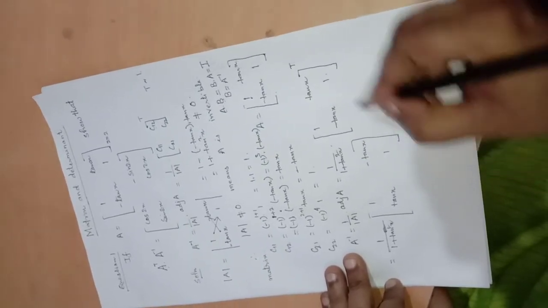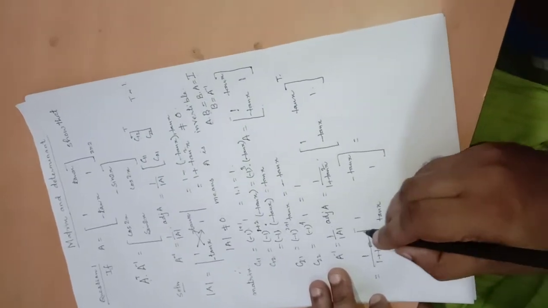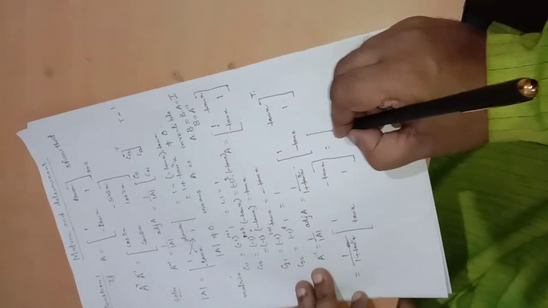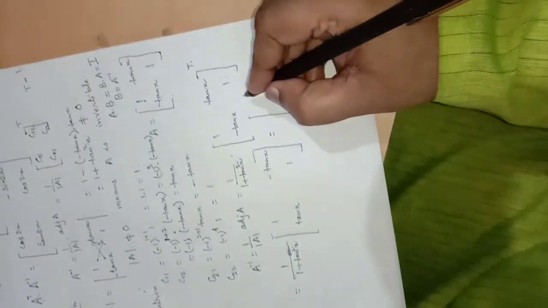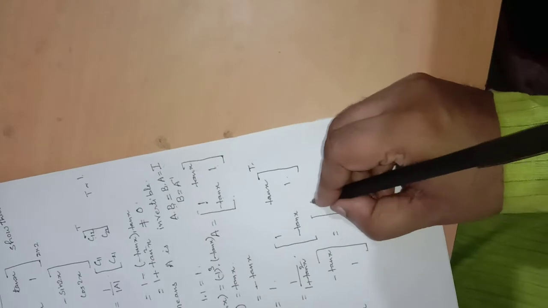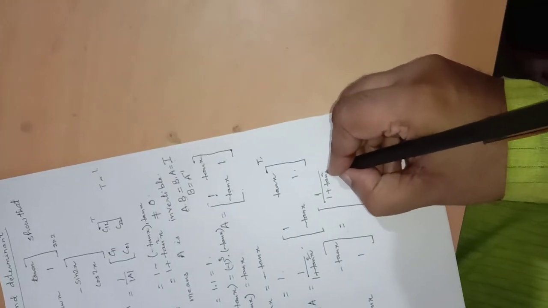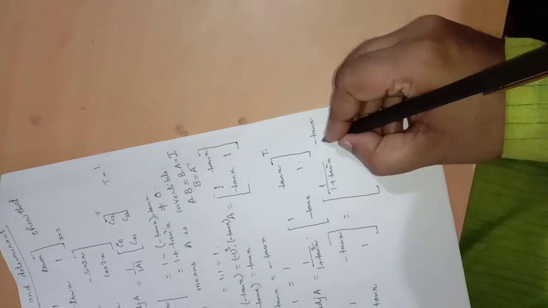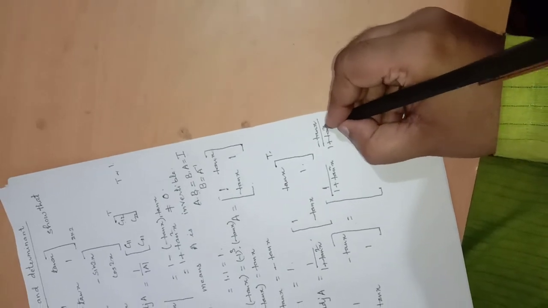Now the transpose sign will be removed. Now each element of the matrix will be divided by 1 plus tan square x. So it is 1 by 1 plus tan square x, minus tan x by 1 plus tan square x.